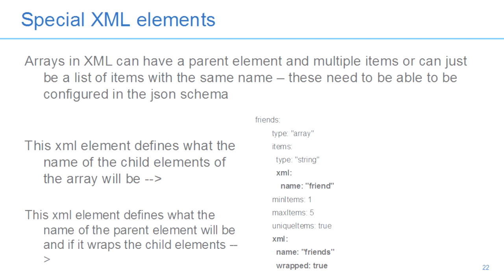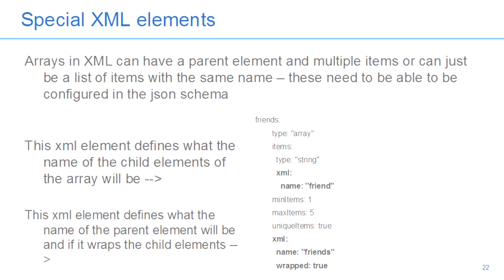And then the last is with an array of objects. In JSON, you just have a JSON array and just put the data in it. With XML, you have to define what the name of the actual top-level element is, and then the name of the individual elements underneath it. So we're specifying here that the top-level element is called friends, and it's going to be wrapped.